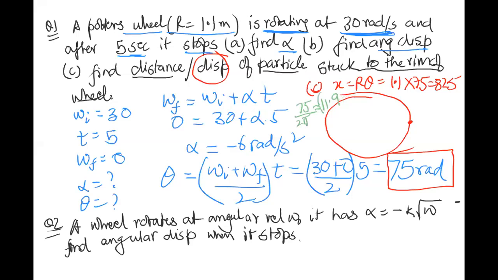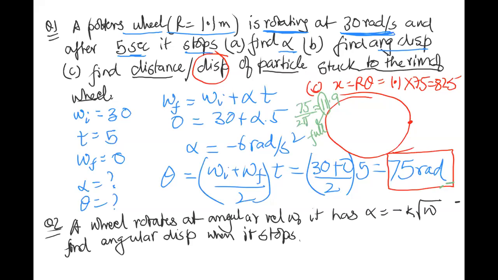This represents the number of full circles. The particle will do 2 pi radians 11 times, so it completes 11 full circles, and 0.9 times a full circle, meaning 0.9 into 2 pi, which is 1.8 pi.